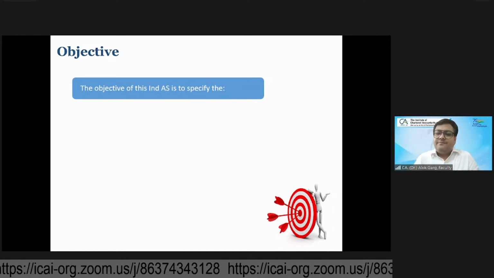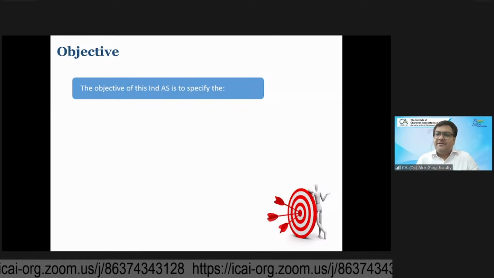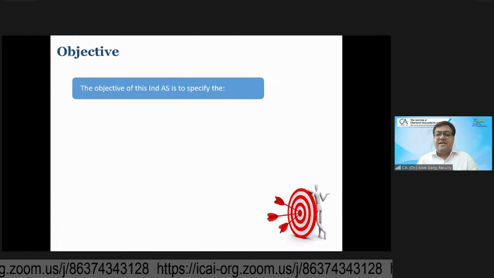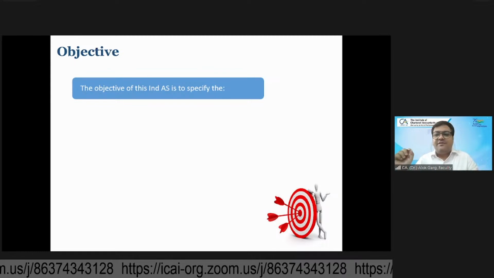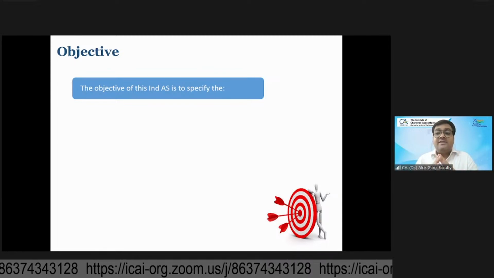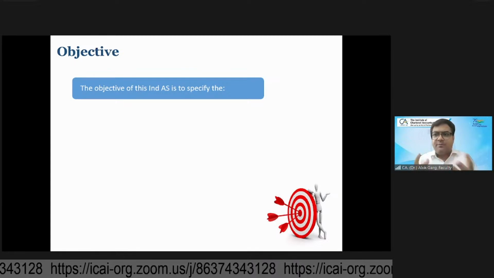So let's say Maruti is into the manufacturing and selling of cars. Maruti has sold 5 Ciaz cars to the top executives of TCS, Tata Consultancy Services. TCS purchased 5 Maruti Ciaz cars for their top employees.